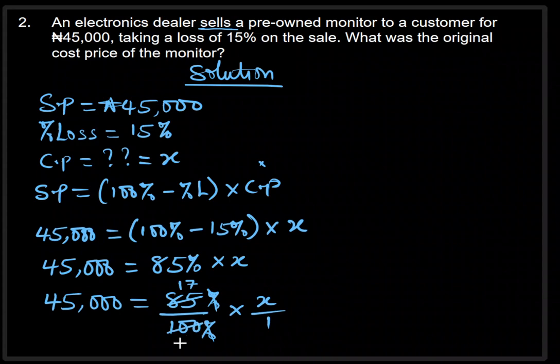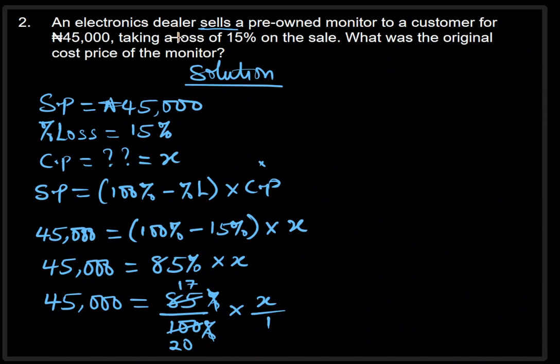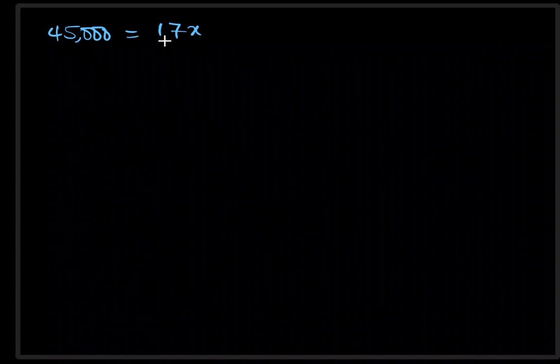And 5 can go into 100, that would be 20. So let's take that to the next page. We'll be having 45,000 is equal to 17 times X all over 20.